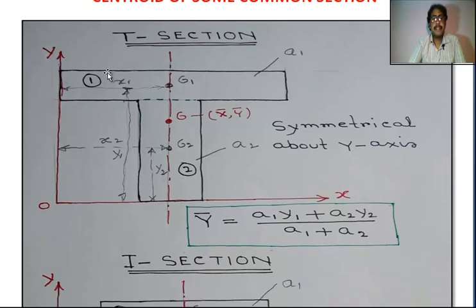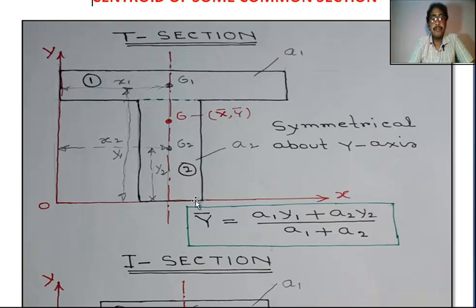This is a T section. This is called the flange. This is the web. Area of the flange is A1.